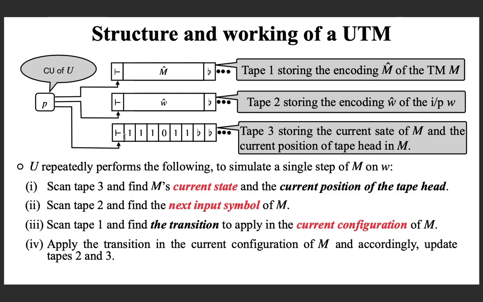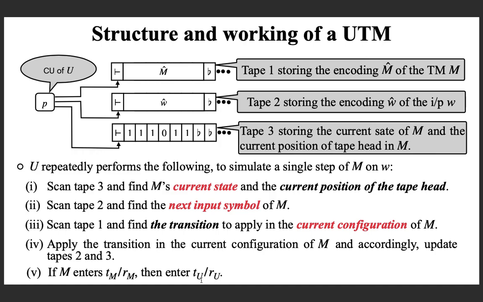That is, you want to update the state, you want to update the tape symbol, and you want to update the position of the tape head. And that is what you do. If you do that, and suppose this machine enters the accept state of M or the reject state of M, then the Universal Turing Machine will accordingly enter the accept state or the reject state of the Universal Turing Machine.